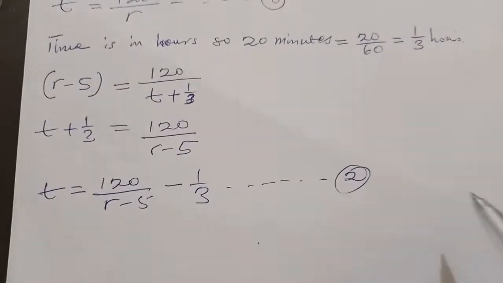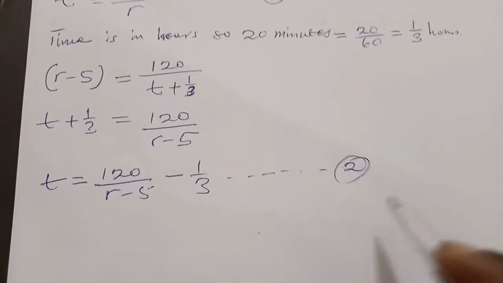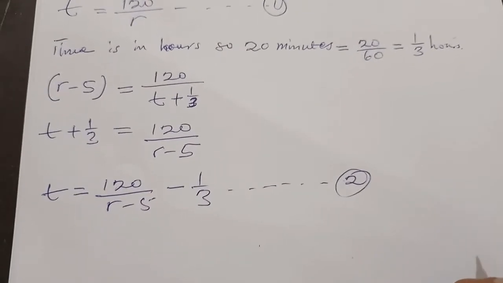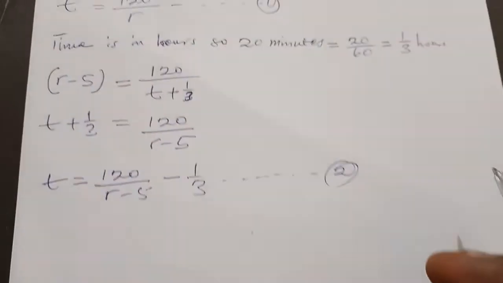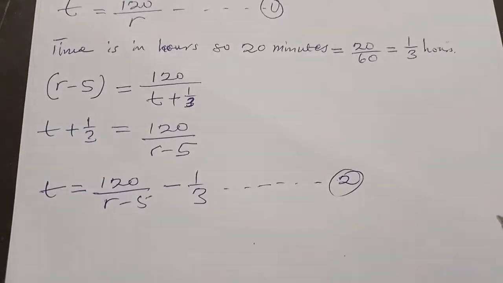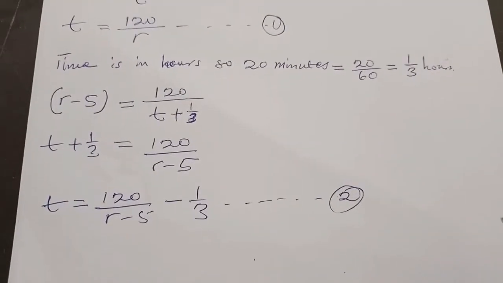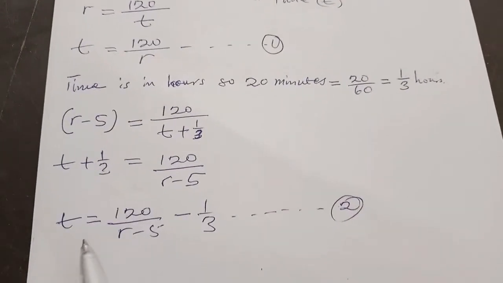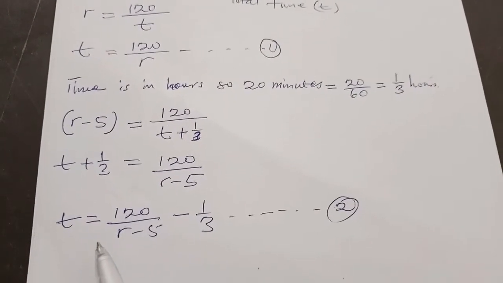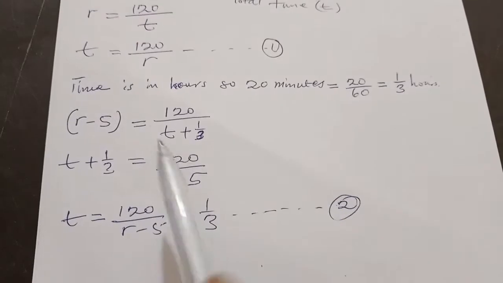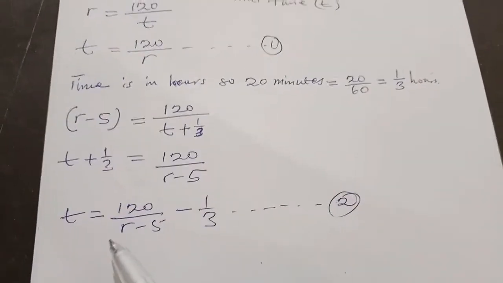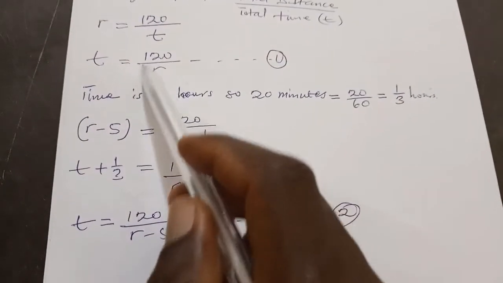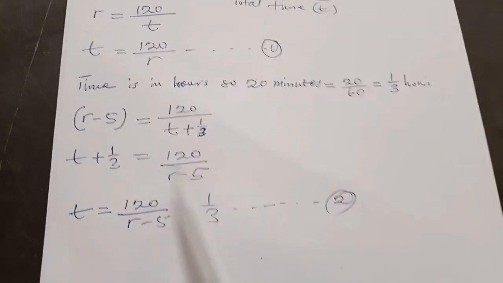Since the way it stands now, it cannot be simplified on its own. So making this equation 2, we are now going to compare, because equation 1 is t and equation 2 is also t. So if this is t and this is also t, then this one here should be equal to this one here.